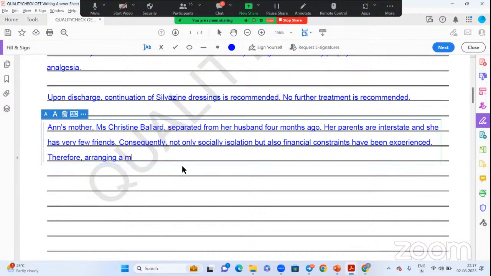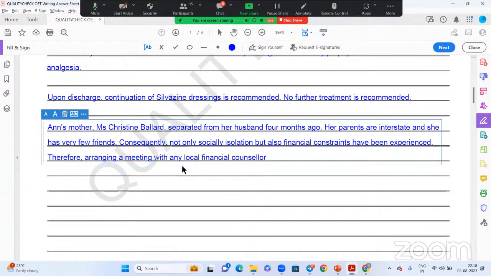Therefore, arranging a meeting with any local financial counselor would benefit her to overcome the current situation, current condition.